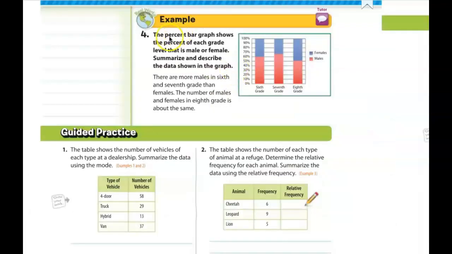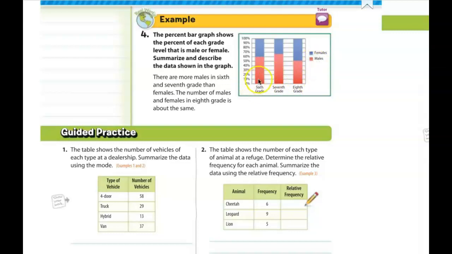On the next page, you're going to see another example of a percent bar graph that actually looks more like a bar graph. The Y value is from 0 to 100%. This is after we've already made the calculations for relative frequency. You'll notice that there are 3 particular bars. We're comparing 6th grade to 7th grade to 8th grade.